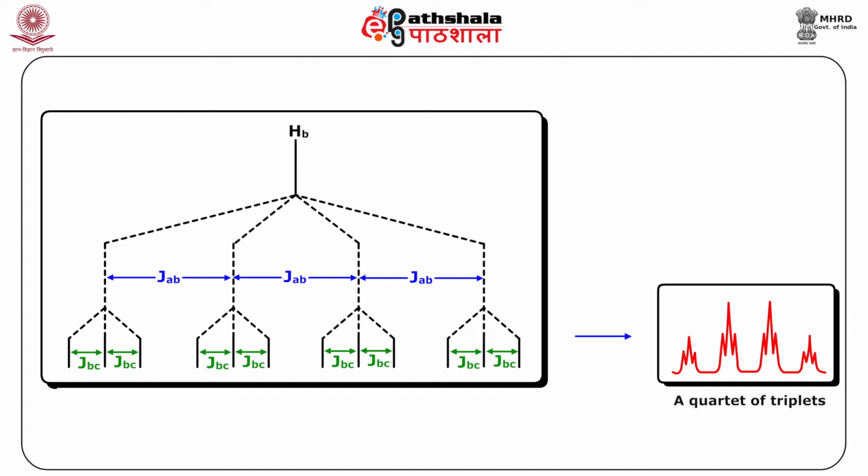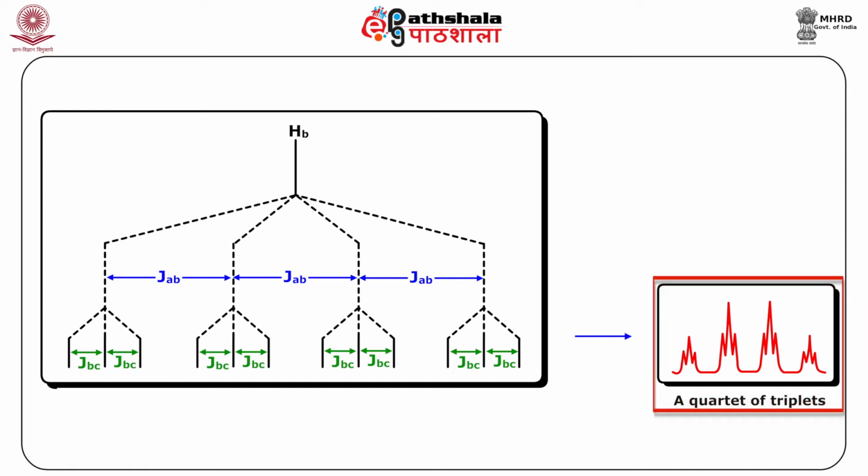The signal for Hb is first split into a quartet due to Ha protons, and each of these 4 lines in the quartet is further split into a triplet because of the Hc protons. The signal will therefore have 12 peaks in the form of a quartet of triplets.